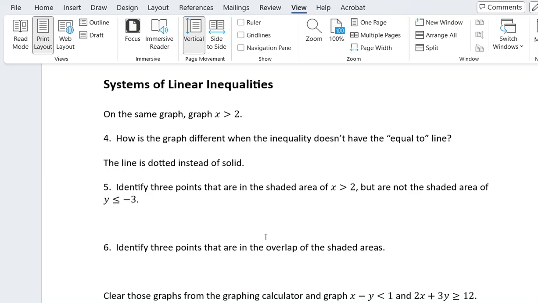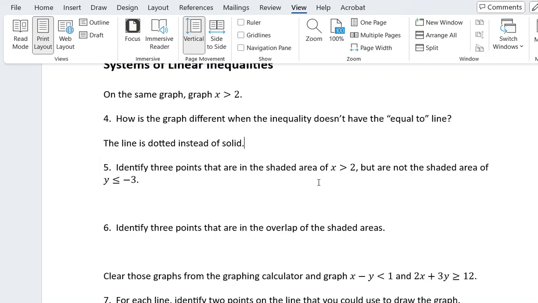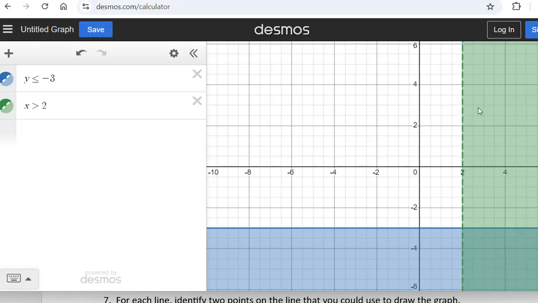Next, we're going to identify 3 points that are in the shaded area of x is greater than 2, but not in the shaded area of y is less than or equal to -3. So in the shaded area of x is greater than 2 is going to be this green area over here. And we want it to be not in the shaded area of y is less than or equal to -3, so not in the blue shaded area. So some examples of points would be (4, 2), (4, 4).